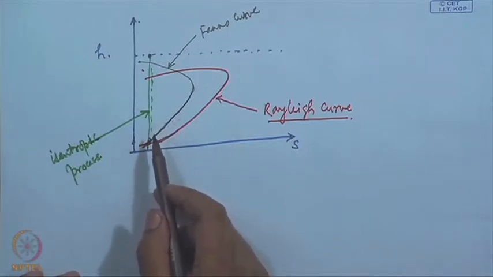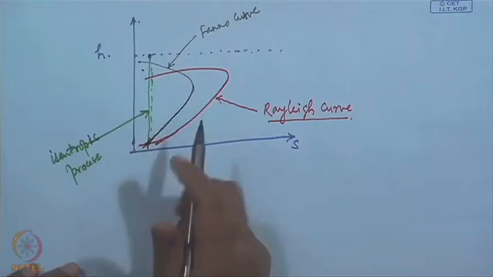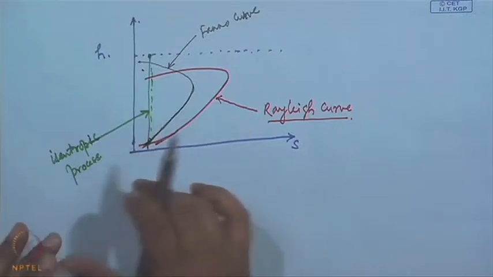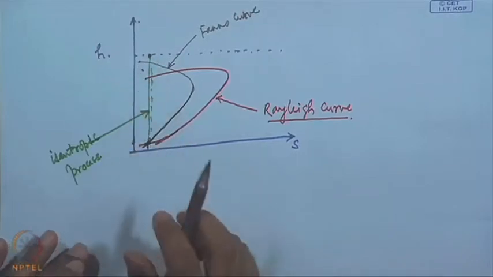For an isentropic process or isentropic change, as it happens in a duct of varying area without heat addition and friction, the state of the fluid will always lie on this path.